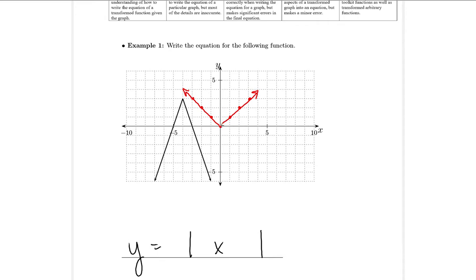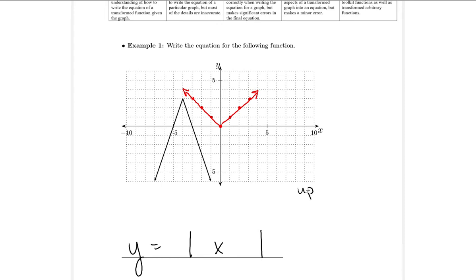For one thing, the bottom of the V, which is at the point (0, 0), is not at (0, 0) anymore. It's moved up 3 and left 4. So let's go through both of those. It's gone up 3, left 4.